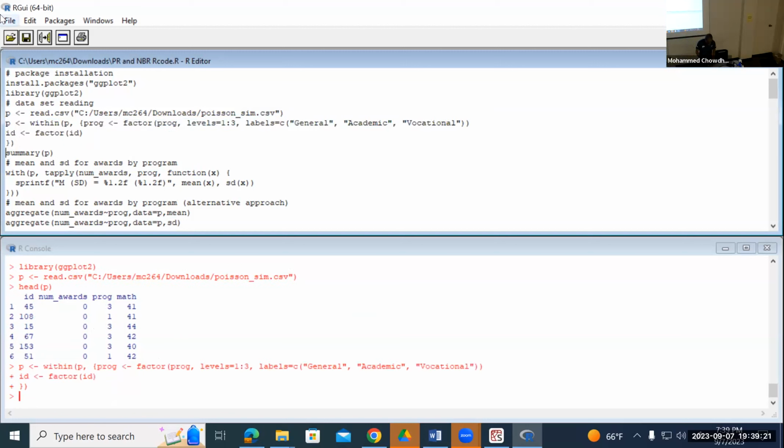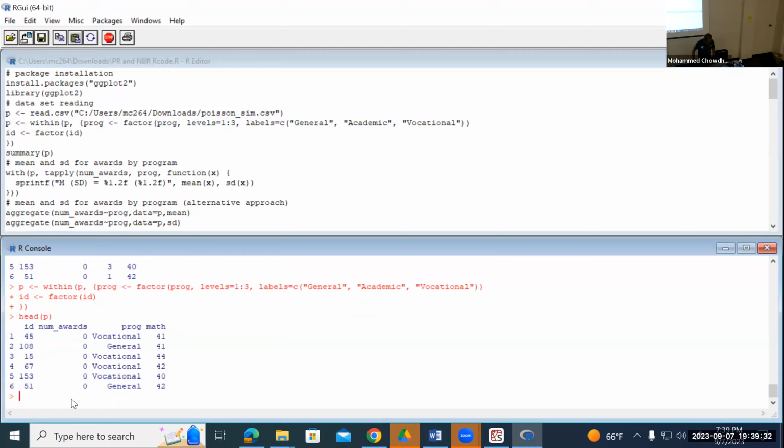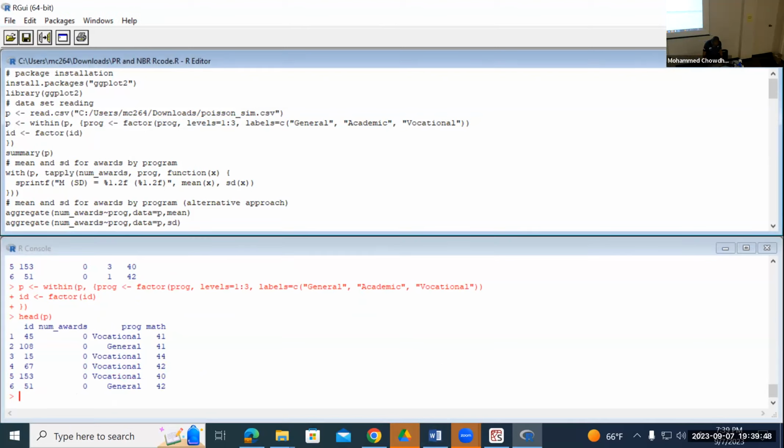So Control R. So now if you take a look at the data, you see, previously it was a level, now it has been changed. Okay. We change the level of the variable, vocational.